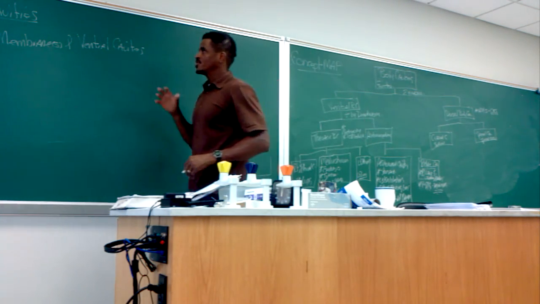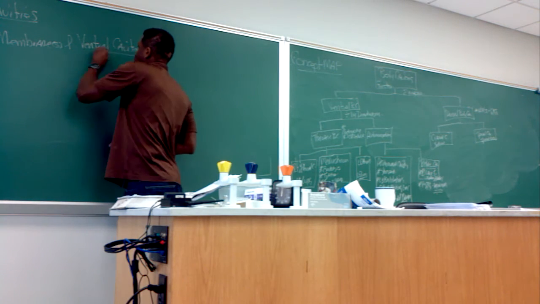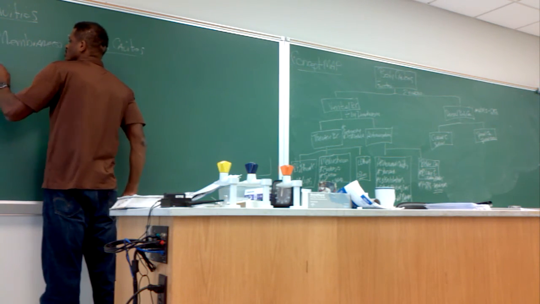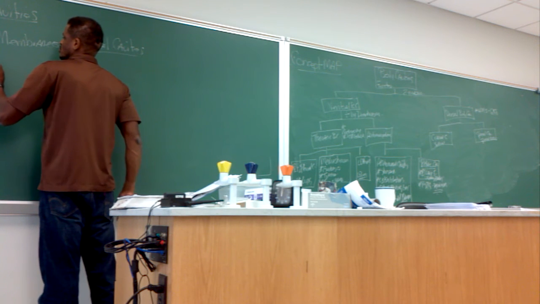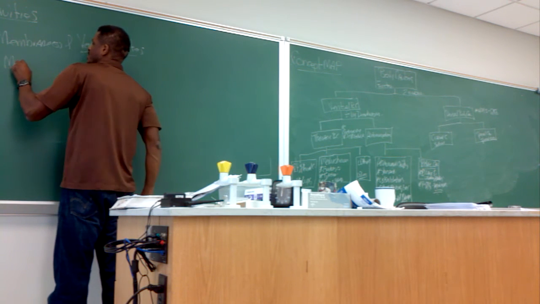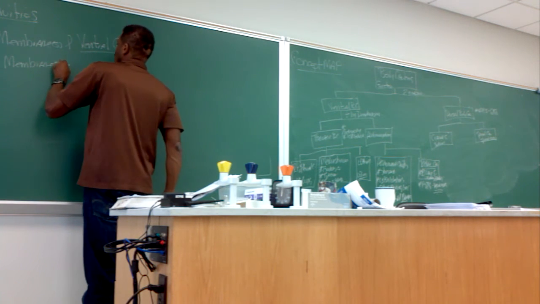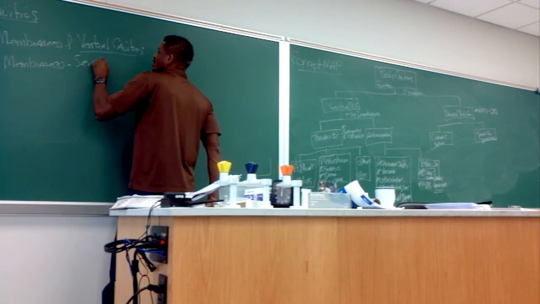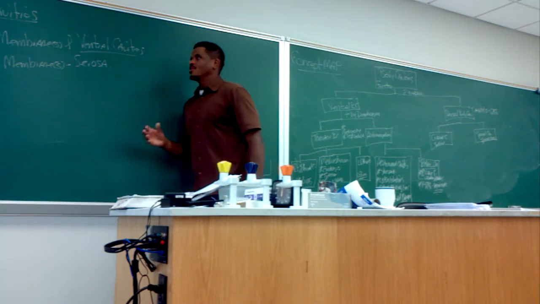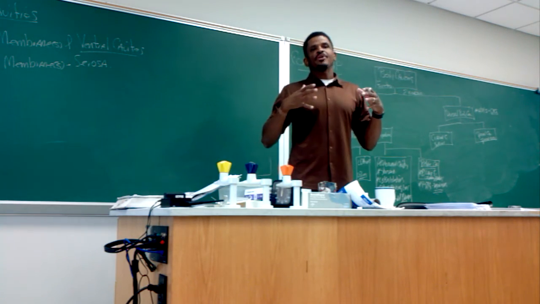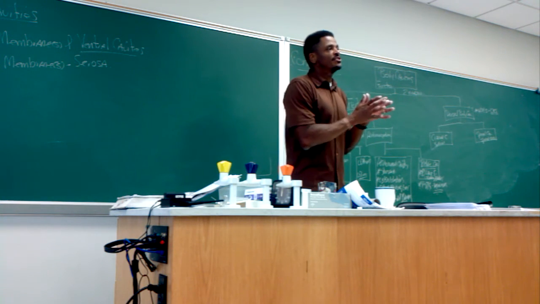So associated with the ventral body cavity, serous membrane, or serosa. Alternatively, we can call this serosa for the serous membrane. These are membranous structures associated with the ventral body cavity.